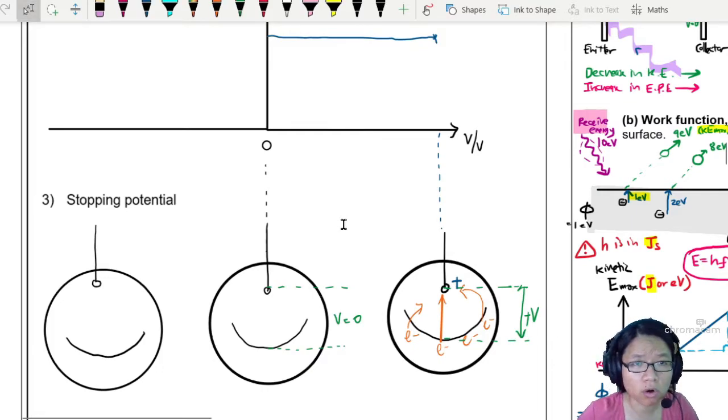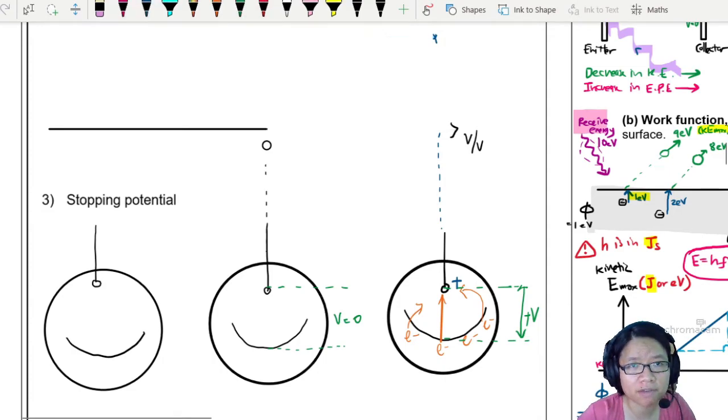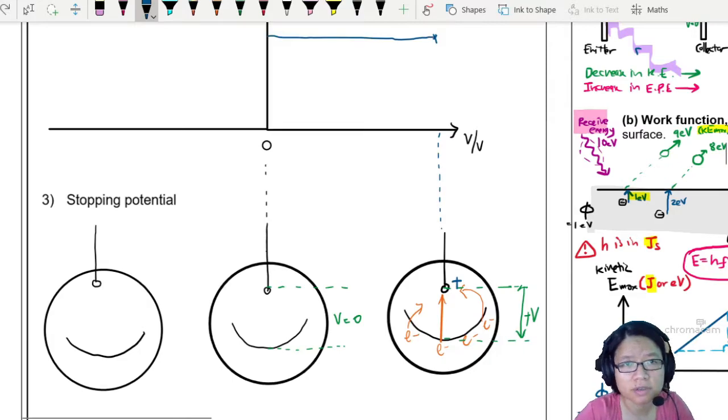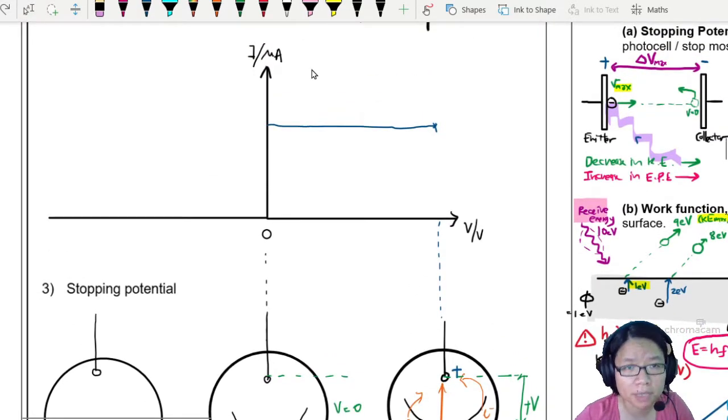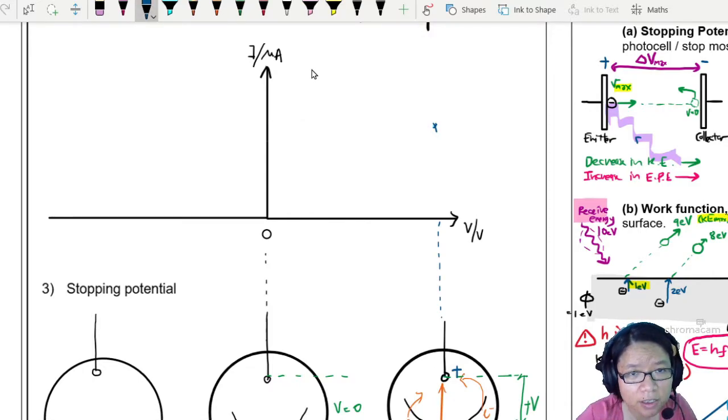If V is 0, this means that the current will probably begin to drop. When I say begin to drop, it may not be 0 all the way. Sorry, I deleted the wrong stuff. You may not have a reading here. Maybe this part here needs a slight positive, only then does it increase. So here it will begin to drop.